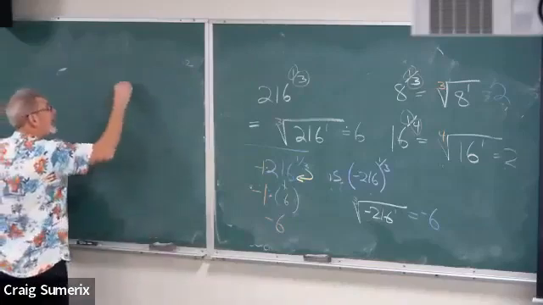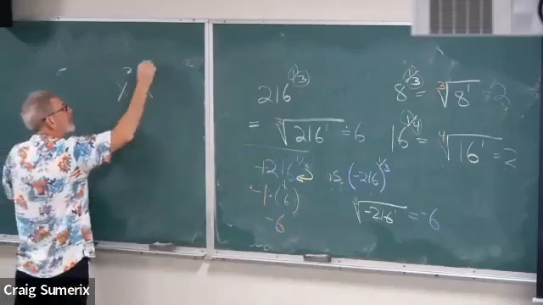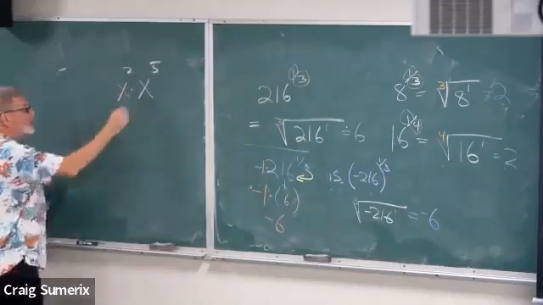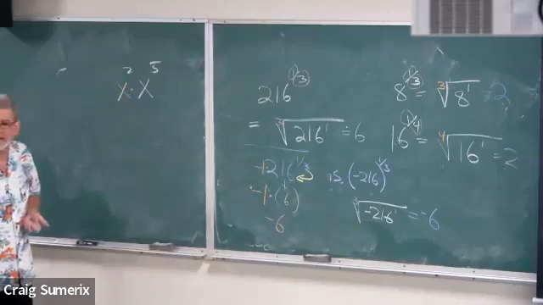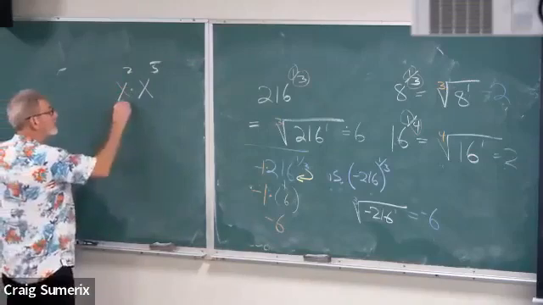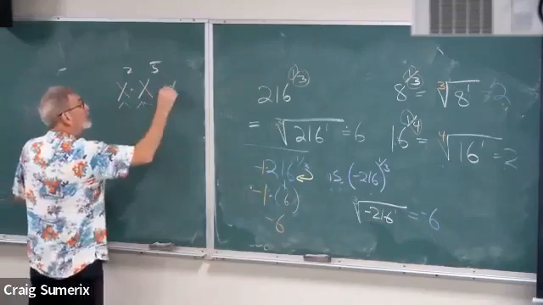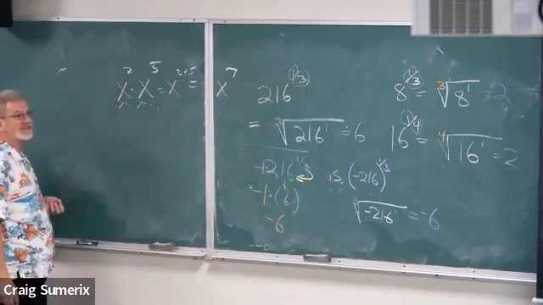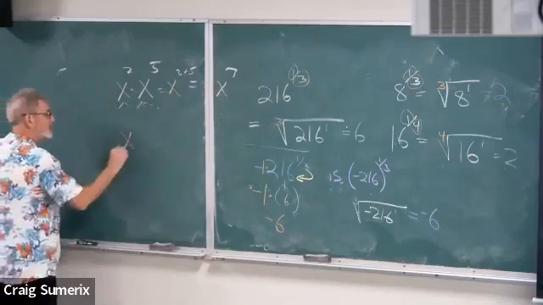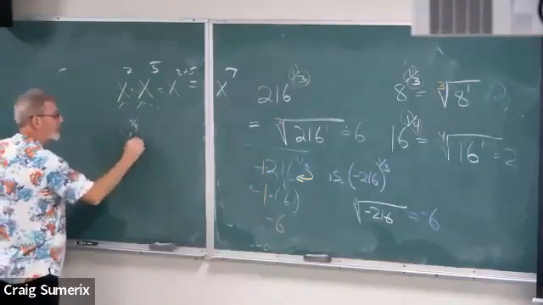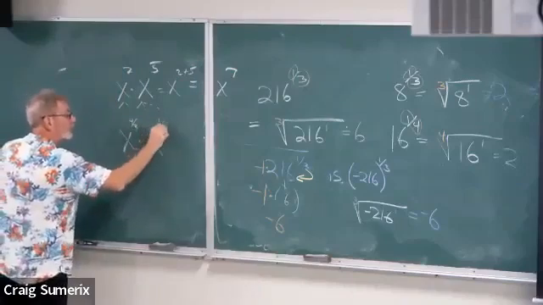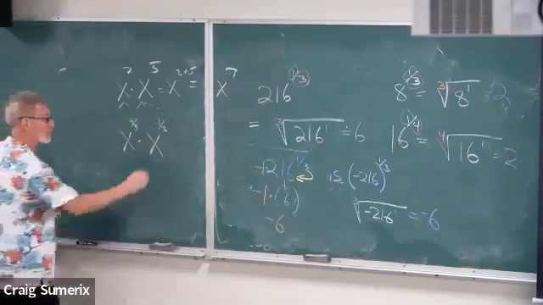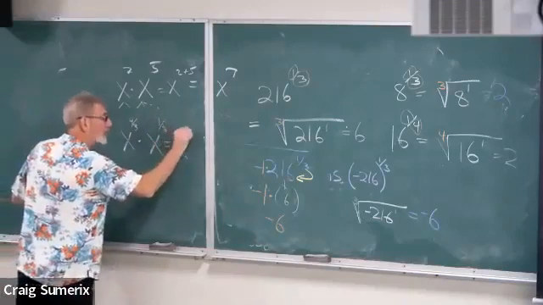If you multiply x to the second times x to the fifth, what could you do with that? Remember those? The shortcut was to add the exponents, because this is 2 of them and this is 5 of them, so it would be 2 plus 5, which is 7. Well, what if they're fractions instead? x to the 4/3 times x to the 1/3. We can do the same thing.